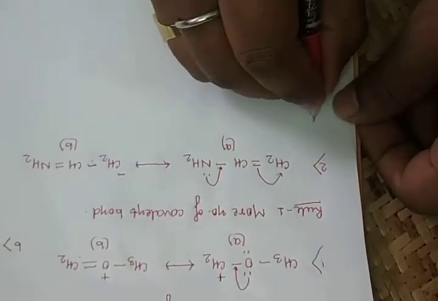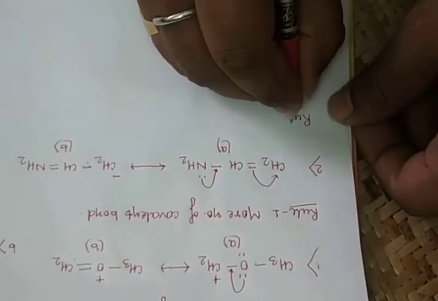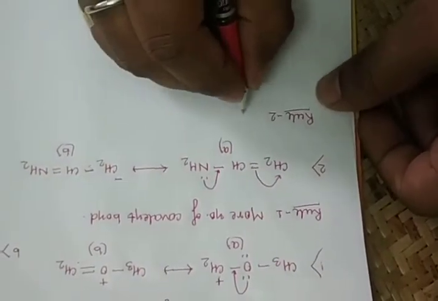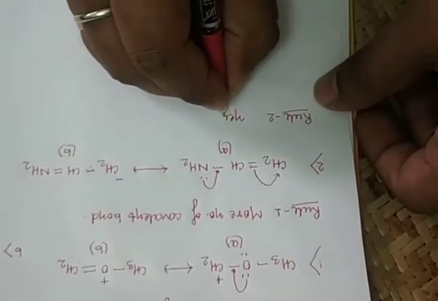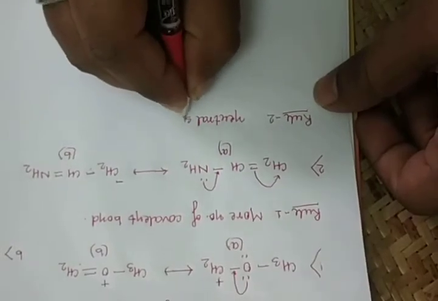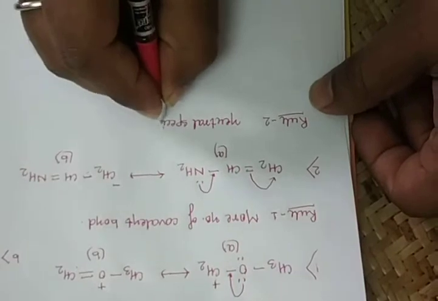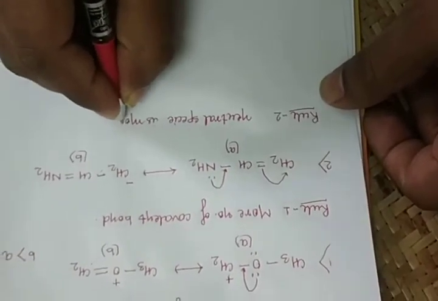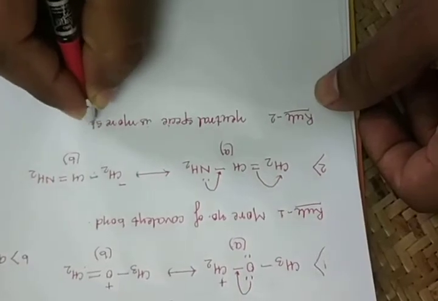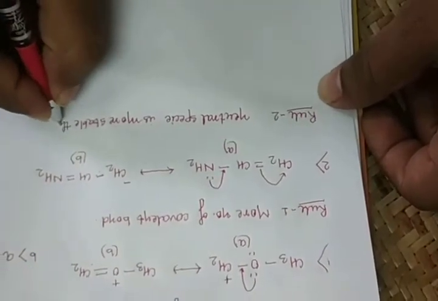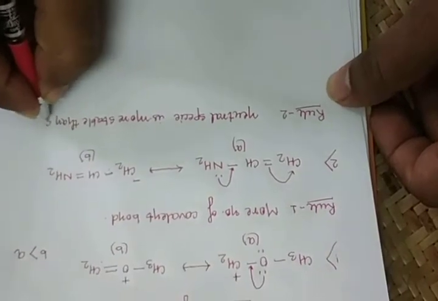So how do we identify which compound is more stable? Now there is rule number 2. First you check covalent bonds, then rule number 2. Rule number 2 is: neutral species is more stable than charged species.